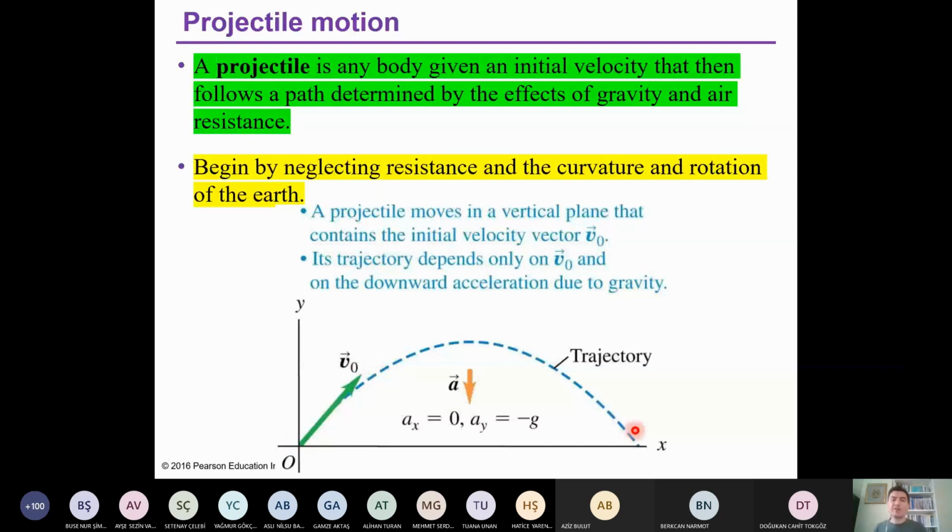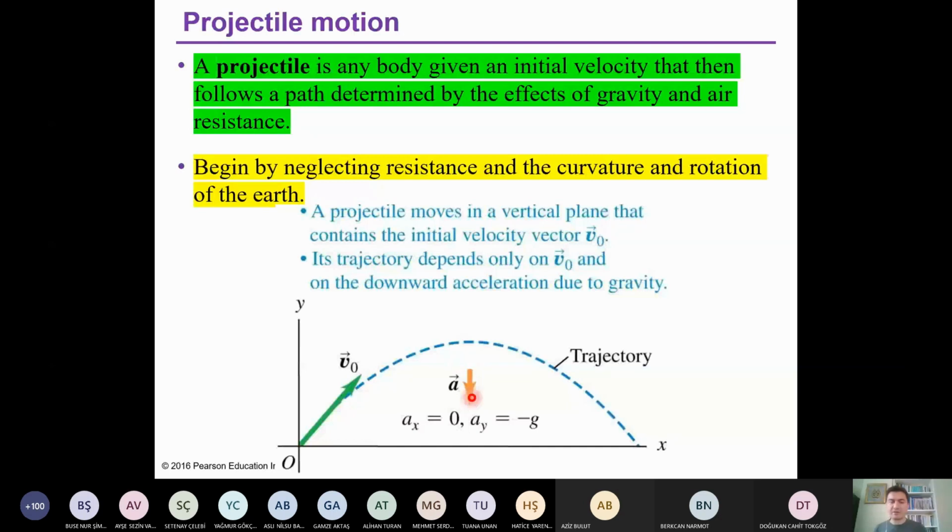So what are the effects? Air resistance is neglected, and we have only gravity acting on this particle. This is the positive y direction, and the acceleration due to gravity is opposite to the positive y direction. It is along the negative y direction.